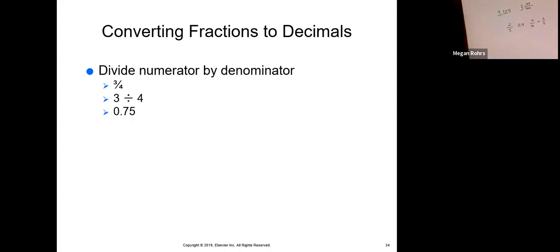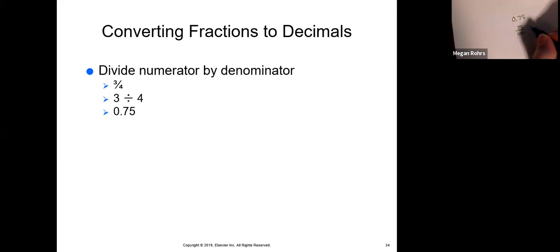Or if all we had was the decimal, 0.75, well, if we were to write this as a fraction using that rule I showed you here, this would be the tenths place, this would be the hundredths place. So we would have 75 hundredths. And then we could further reduce that down.